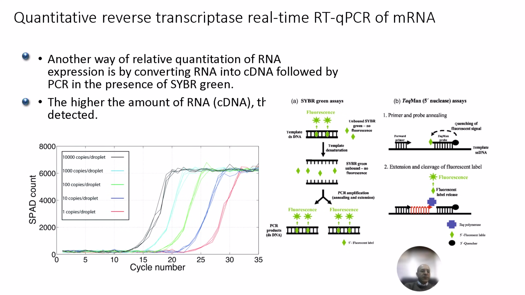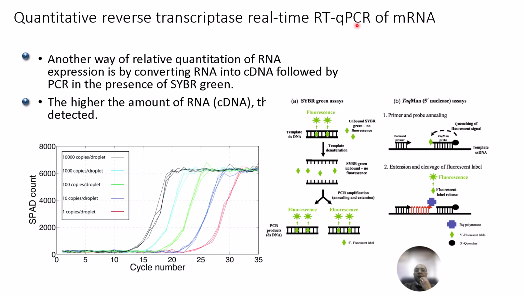And the idea here is that the more RNA there is in a sample, the more cDNA of that RNA exists in that sample, and the earlier the detection would happen using quantitative PCR. Now, this is known as quantitative reverse transcriptase real-time PCR or RT-qPCR, okay, for reverse transcriptase, because we're converting, again, the RNA to DNA.